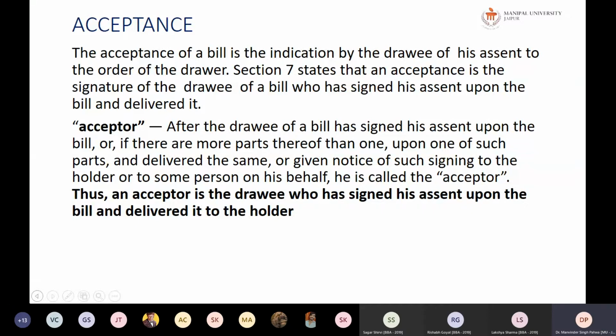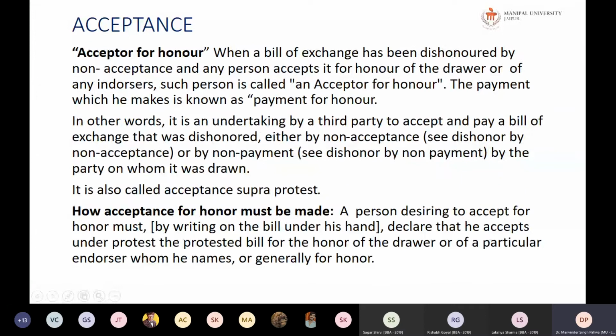In easy words, an acceptor is a drawee who has signed his assent upon the bill and delivered it to the holder. Both things are very necessary: one is the signing of the bill, and second is the delivery of the bill or conveying of the information to the holder. Both are equally necessary.